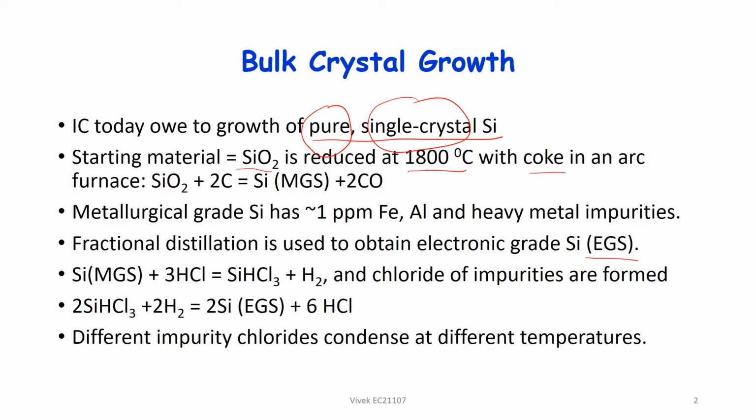So basically SiO2 reacts with carbon to form silicon with carbon monoxide. Now the silicon that we have obtained is called metallurgical grade silicon. Metallurgical grade silicon has around 1 ppm of impurities. Now if you recall what we did in our previous class, we calculated for an FCC crystal.